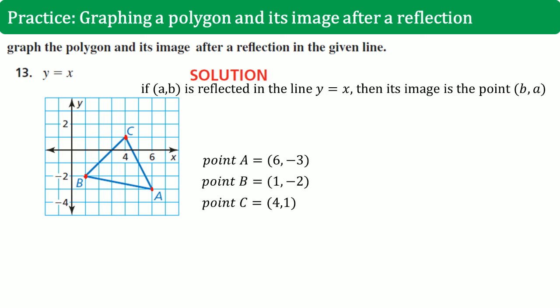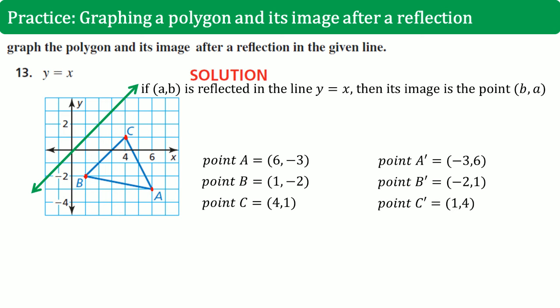If a comma b is reflected over the line y equals x, then its image is b comma a. It's flipped. So let's see if that makes sense. We flip this. It becomes 3 comma 6. That's perfect. And 1 comma negative 2 is going to be flipped. Should be negative 2 comma 1. 4 comma 1 flips. Becomes 1 comma 4.